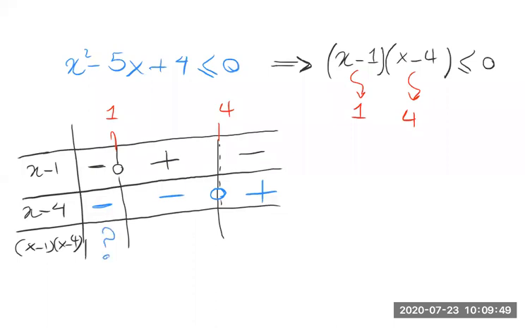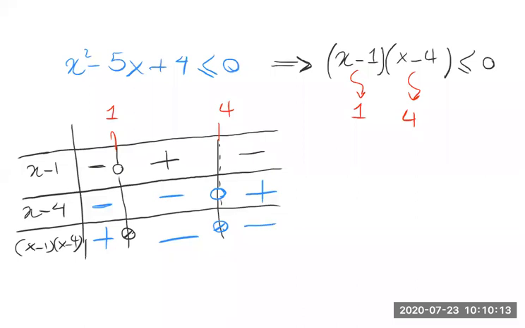Here we have negative times negative, it's positive. Here, one of them is 0, the multiplication would be 0. Here, one of them is positive, the other one is negative, the answer would be negative. Here, one of them is 0, the multiplication would be 0. Here, one is positive, one is negative, the multiplication would be negative.